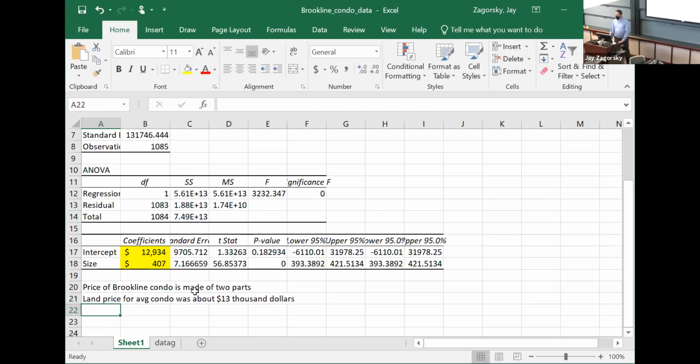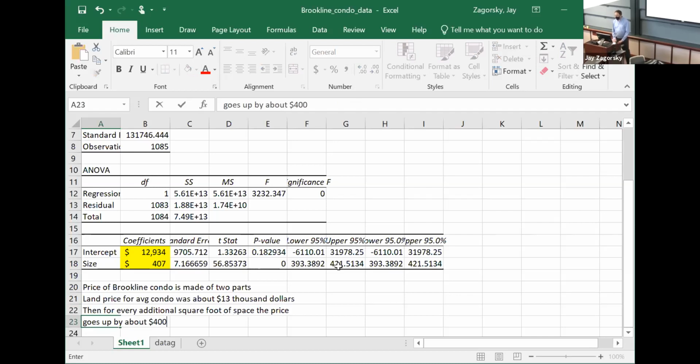So land price was about $13,000, and then for every additional square foot of space, the price goes up by about $400.